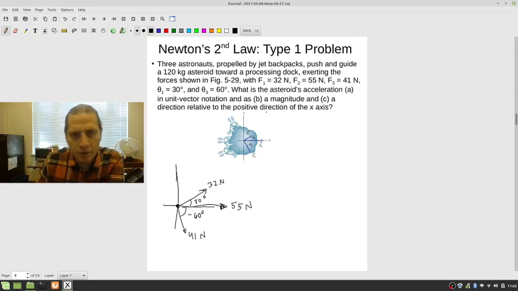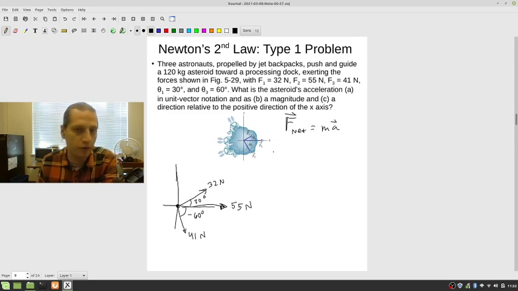And it asks me what the magnitude and relative direction of the acceleration are going to be. And so I know this is going to be an F net equals ma, and F net is a vector, and a is a vector. So that means my first step in this sort of problem is going to be to write my 3 vectors in component form.